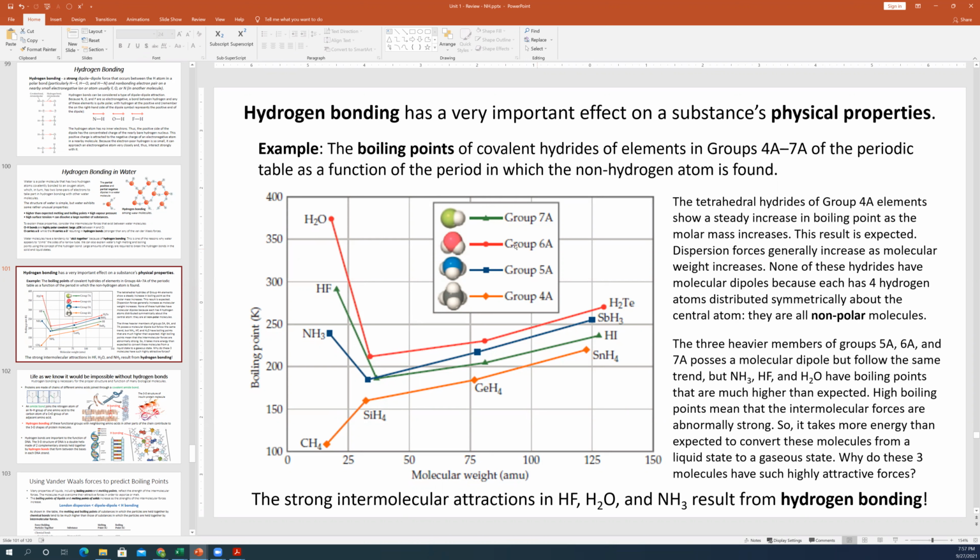Here you have group 6, for example, in the red, and all of them follow this rule that as their size increases, their boiling point gradually increases.